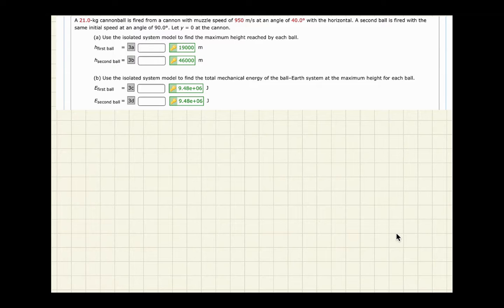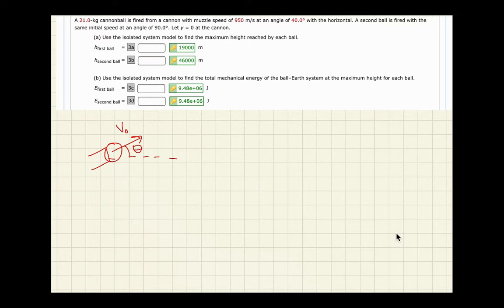Moving on, for this third problem, we have 2 cannonballs, one that's fired at an angle and one that's fired vertically. Again, I like being able to diagram these things. Cannonball 1 is fired with an initial velocity at an angle of 40 degrees.